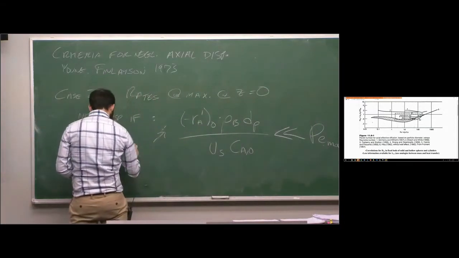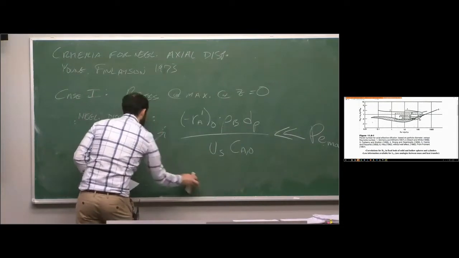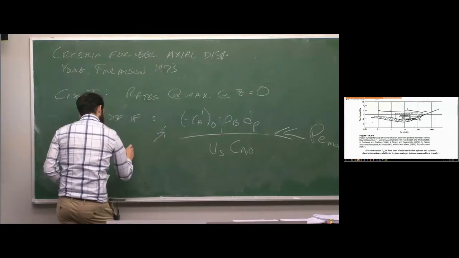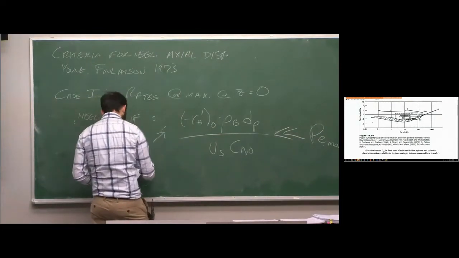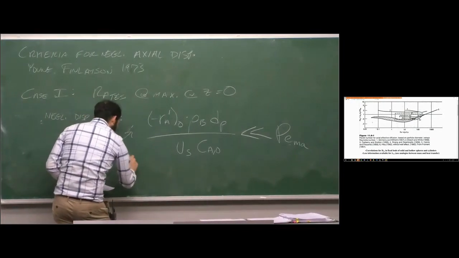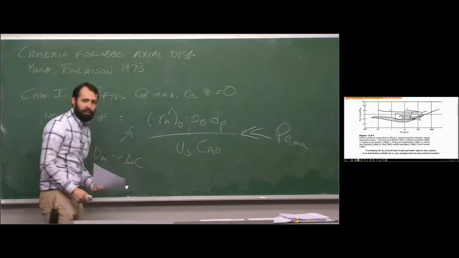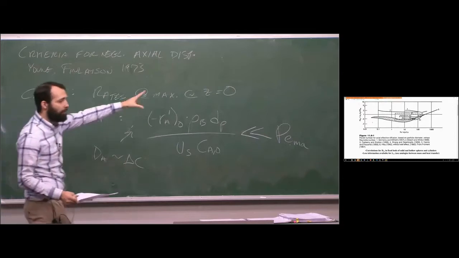This is similar to the Damkohler number. It's not quite the same, but it's similar to the Damkohler number. And the Damkohler number is roughly proportional to a concentration gradient. Okay? Again, that's what we're discussing here, is how rapidly is the concentration changing. That's what's missing from the Peclet number, right?